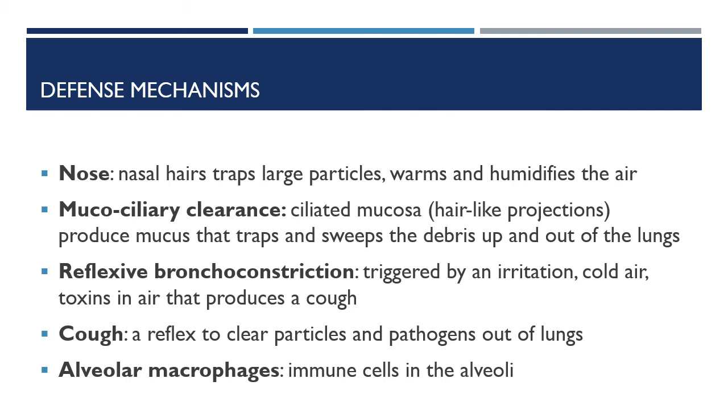And as the debris sticks to the mucus, the cilia can gradually move the mucus up the trachea for it to be coughed out. So this is a fantastic system. It reduces the chance of developing a potential pneumonia because the mucociliary clearance is constantly working.